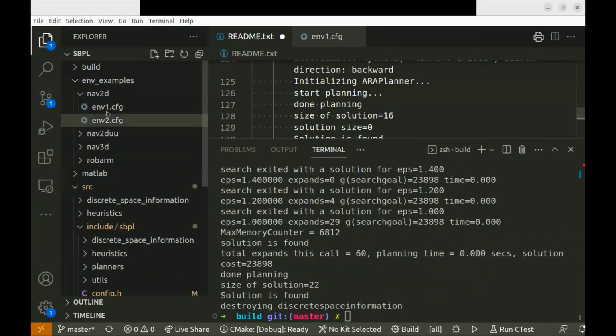Okay, let's start with this one. Oh, that's not the one I wanted to start with. Here we go. Okay. I need my cursor.